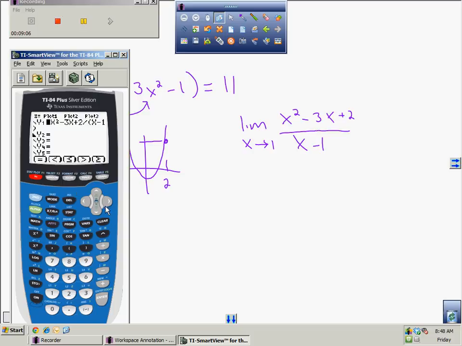Go 1.01. Second table set. You have to start at 1.01. Why do I have to start at 1.01? Because you're getting close to the borderline. Okay, so sorry.